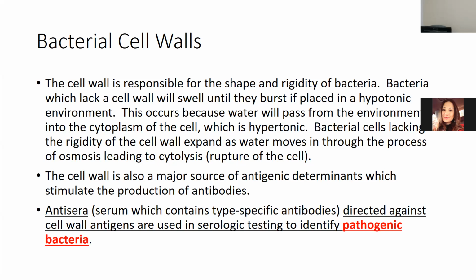And the antisera that we can use contains type-specific antibodies. We use antisera, which is antibodies, to detect the cell wall antigens. And we identify pathogenic bacteria by using that serological test. And what does pathogenic bacteria mean?